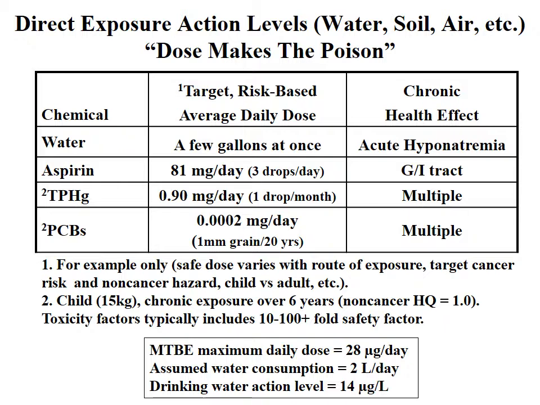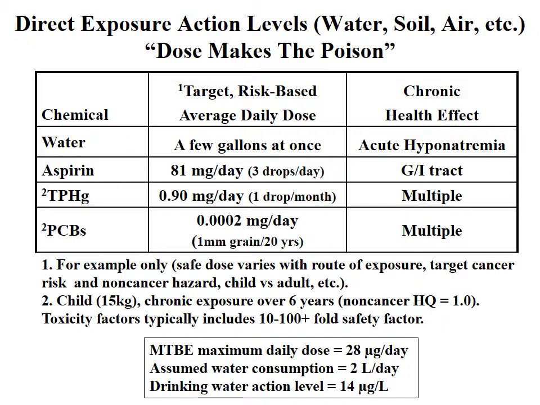So if you were exposed to 0.0002 milligrams per day, that's the risk-based average daily dose, and we say that equals a target hazard quotient, non-cancer concerns, of 1. The toxicity factors for the individual chemicals are not only very, very low, they also almost always include at least a 10 or 100-fold safety factor.